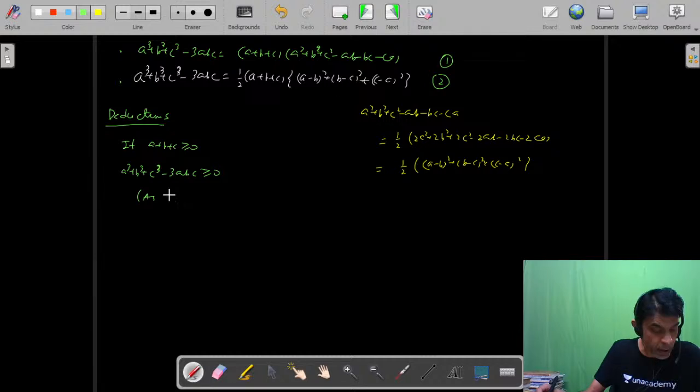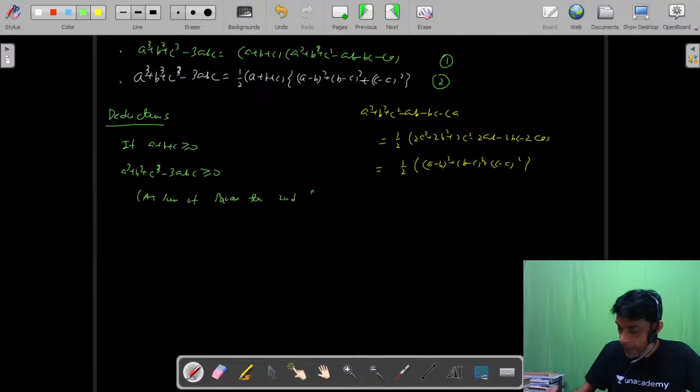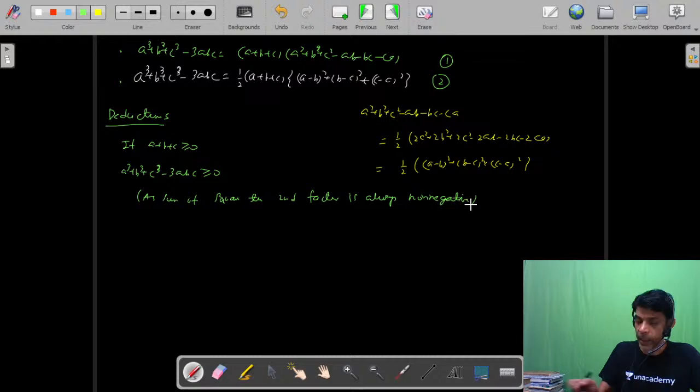So the second factor, as a sum of squares, is always non-negative. So we'll get this kind of deductions.